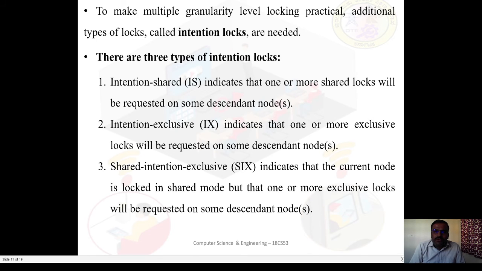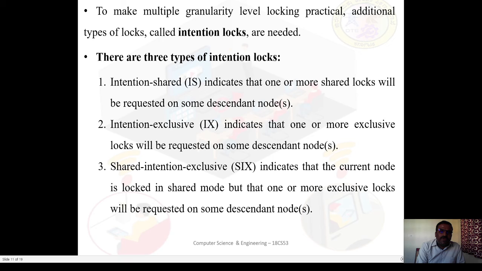There are three types of intention locks. Intention shared, IS, indicates that one or more shared locks will be requested on some descendant nodes.